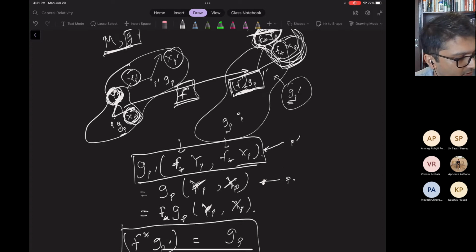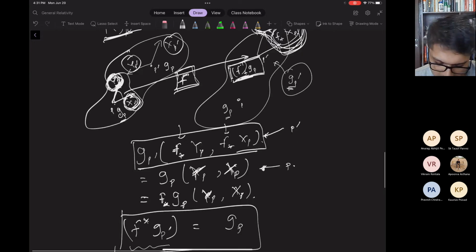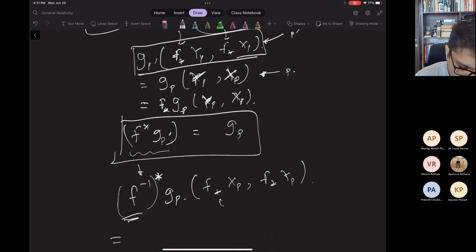Let me just review the notation. Yeah, lower star is push forward, F upper star is pullback. Okay, so F inverse upper star is the pullback. And here this should have been upper star also.